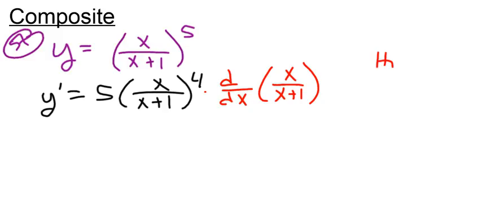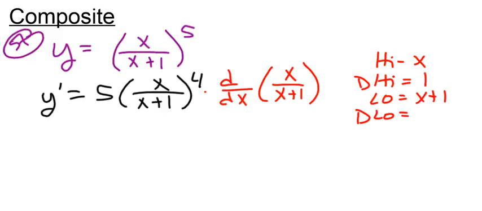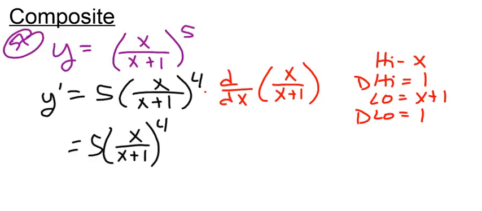So I'm going to do a quotient rule. I'm going to do my high, my d high, my low, and my d low. And then from here, when I go to write this out, I'm now going to multiply this by x plus 1 minus x over the x plus 1 squared.